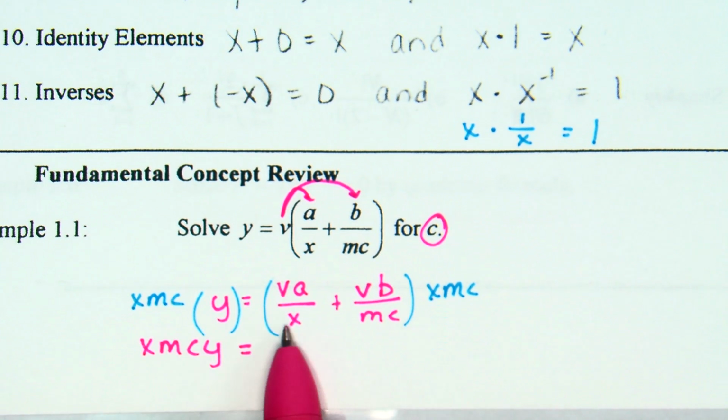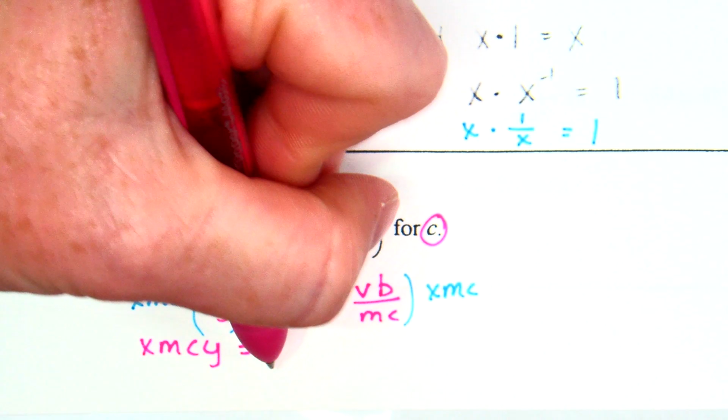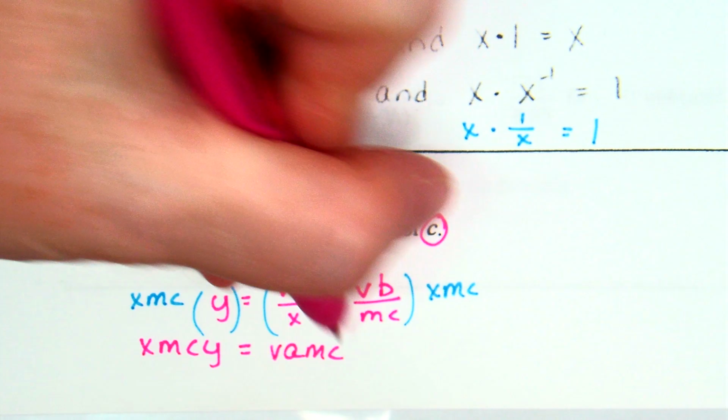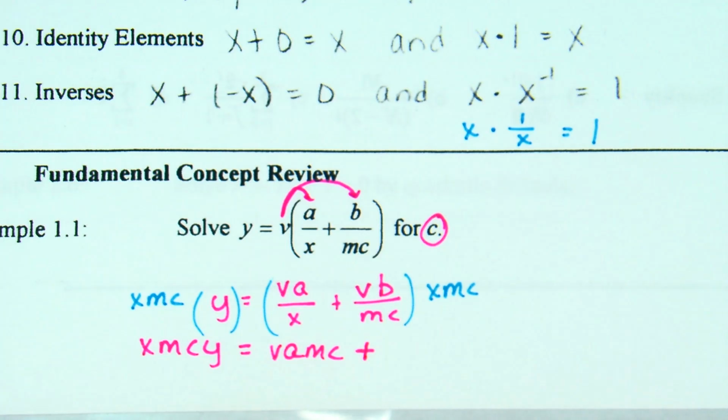The x will cancel, and we're going to be left with vamc, or whatever combination you write. Plus, next part, vb over mc times xmc. The mc will cancel, so vbx.